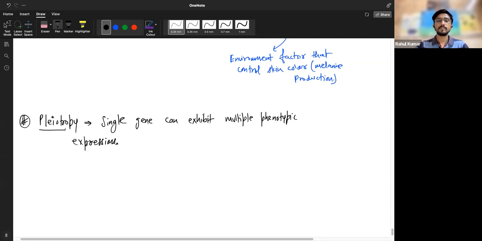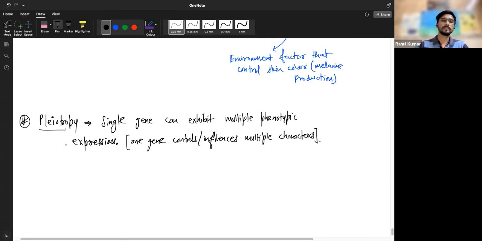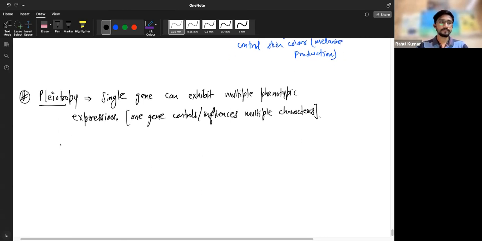In other words, you can say when one gene controls many characters. Controls or influences, okay? Both. Then it is called pleiotropy.